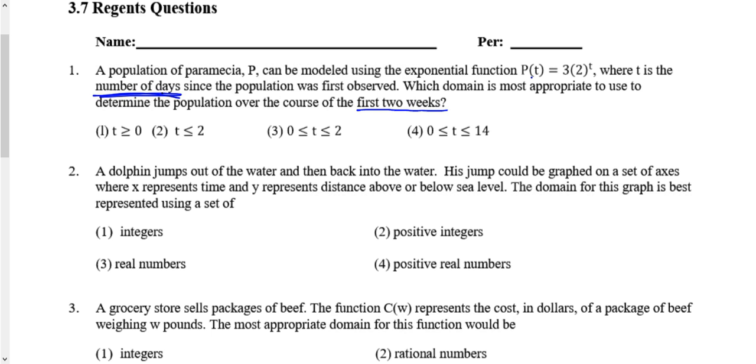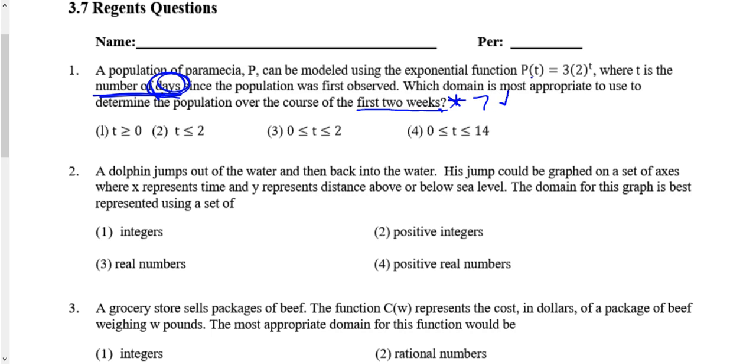From 0 to 2 weeks, right? So which one's correct? Not 3? That's why I was pointing out, did you see an issue here, right? Because they want 2 weeks, but that t is time in days, right? So this is important to know.